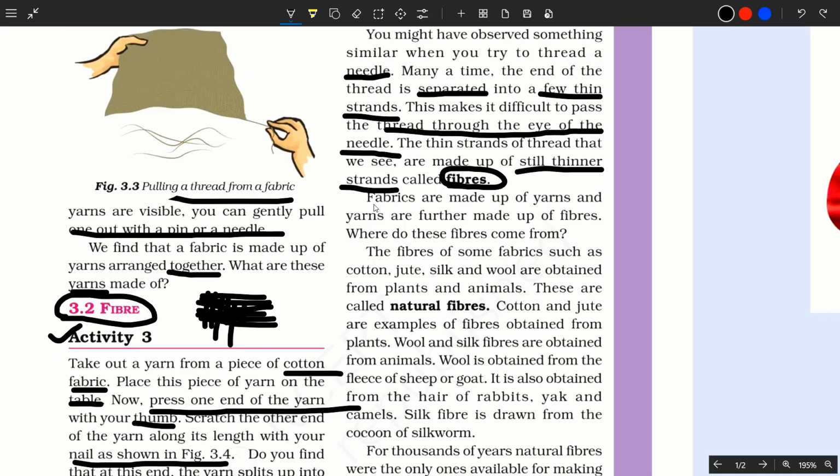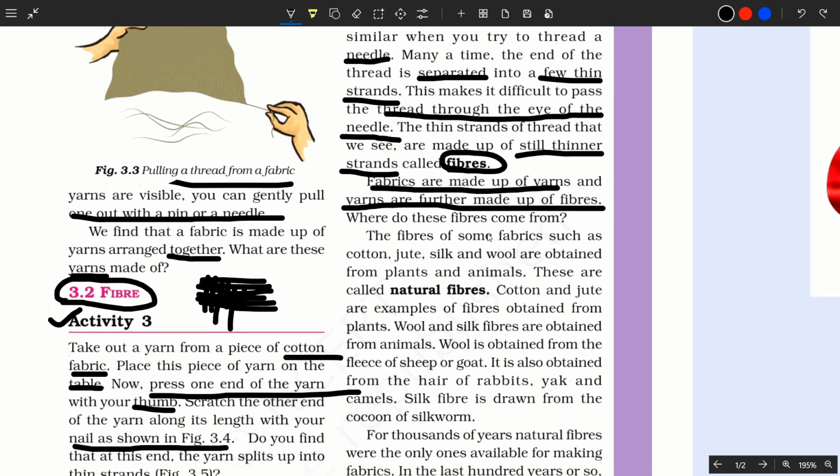Fabrics are made up of yarns, and yarns are further made up of fibers. First the fabric is made up of yarn, then the yarn is made up of fibers.